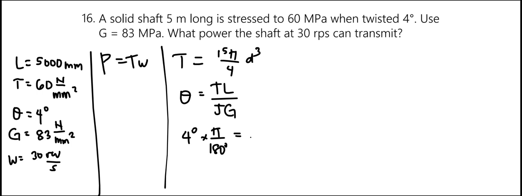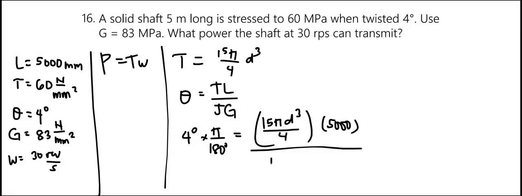This is equal to the torque T, that is equal to 15 pi diameter cubed all over 4, times the length of 5,000 millimeters. Let's disregard the unit first. All over the polar moment of inertia, that is pi d raised to the 4th power over 32, times the shear modulus of 83 megapascals.